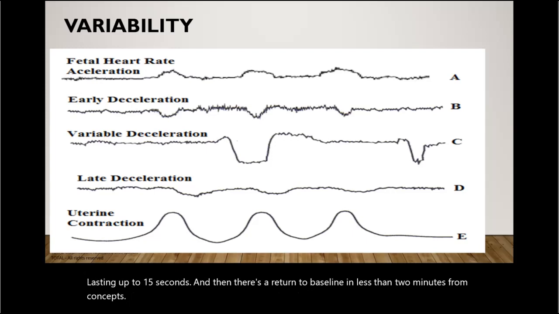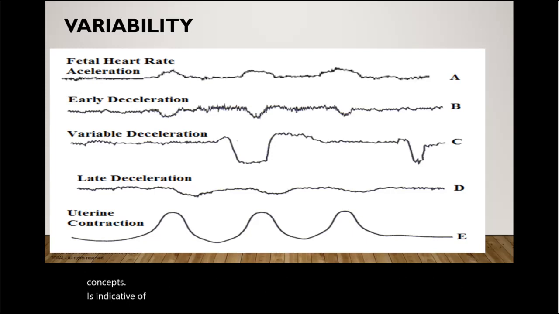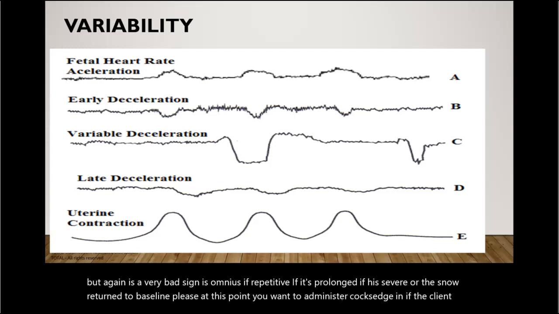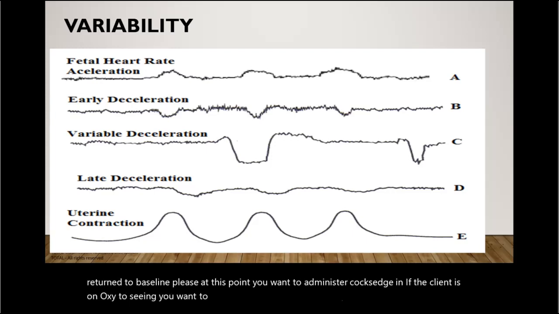It's indicative of cord compression, which may be relieved by a change in the mother's position. But again, it's a very bad sign. It's ominous if repetitive, prolonged, severe, or there's a slow return to baseline. At this point, you want to administer oxygen, and if the client is on oxytocin, you want to immediately discontinue oxytocin.